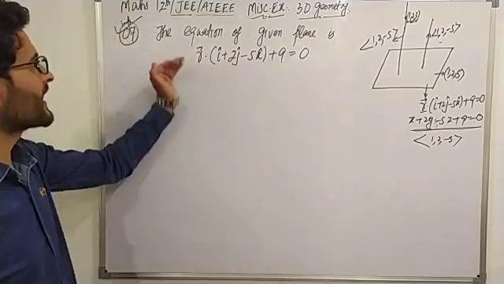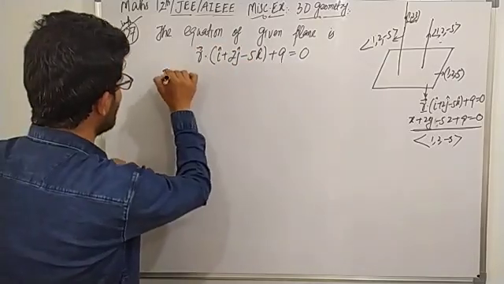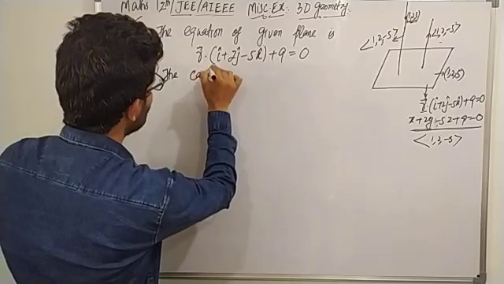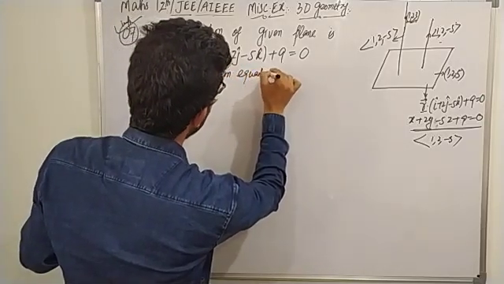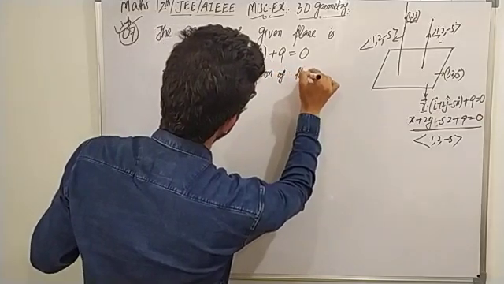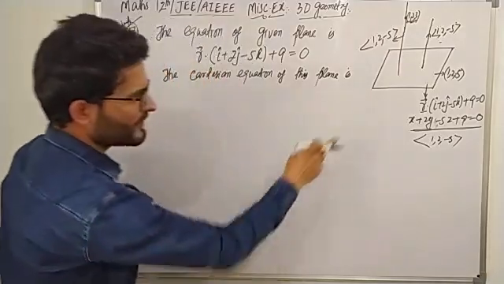तो सबसे पहले मेंशन कर रखा है the equation of the given plane is this, the Cartesian equation of this plane is, इस प्लेन की कार्टेशियन इक्वेशन क्या बनेगी?